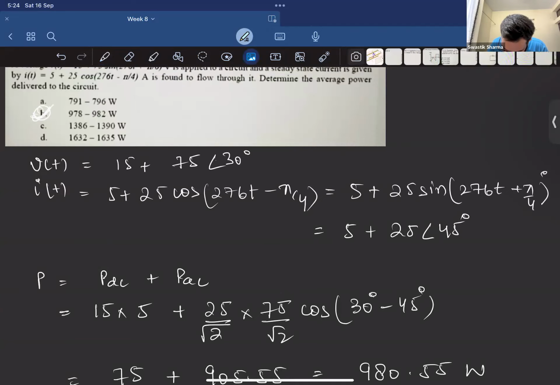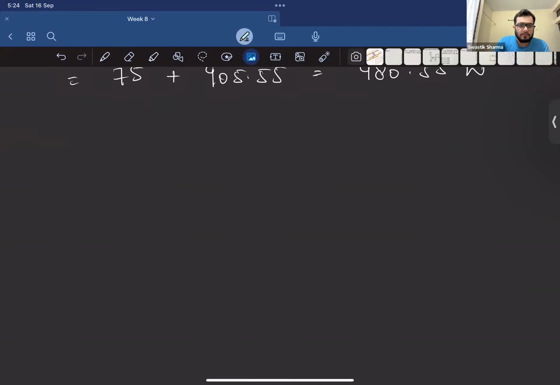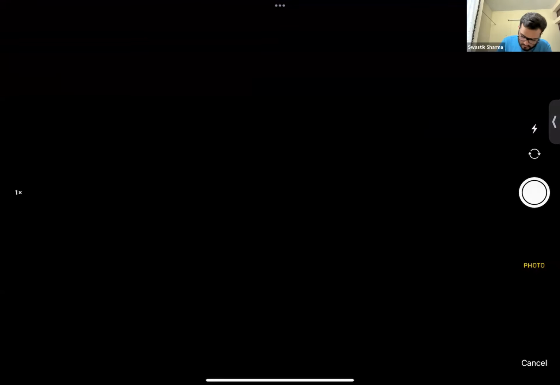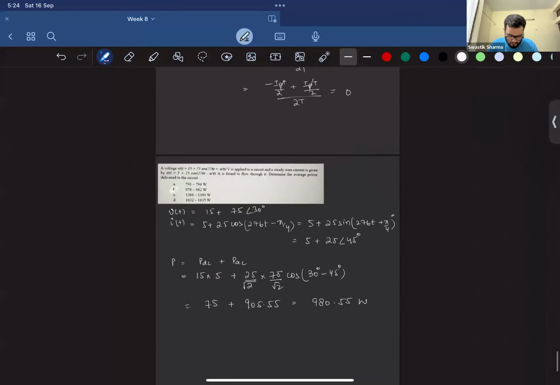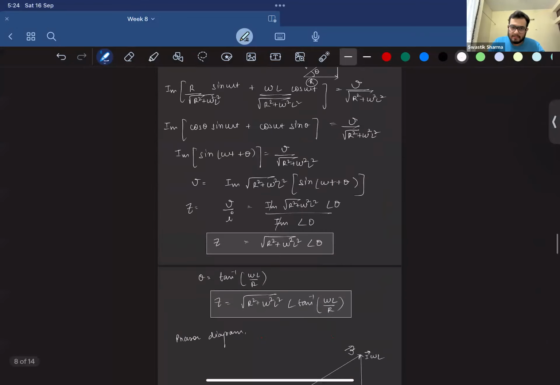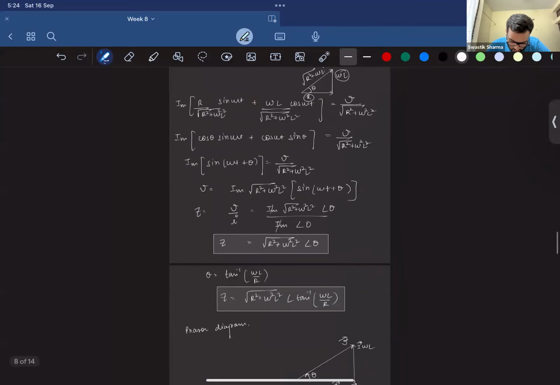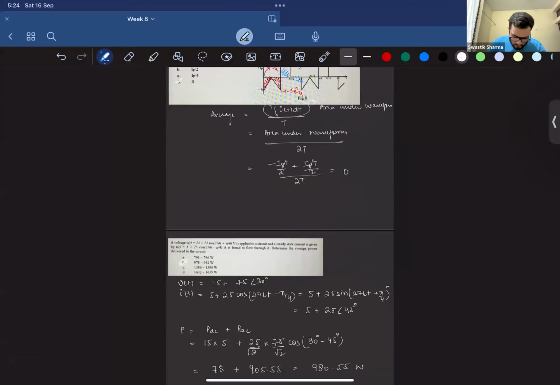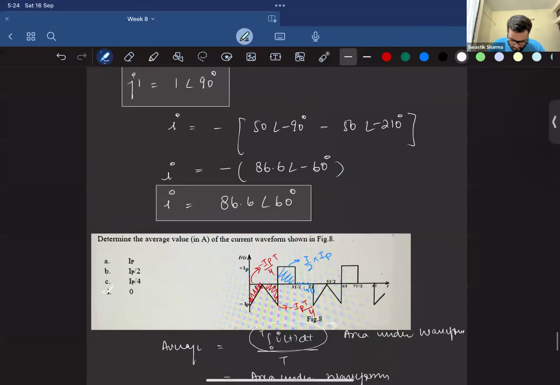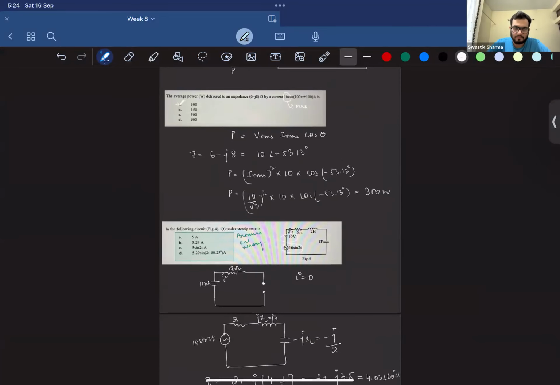Let's see if we have another question. Since there is time, I want to discuss resonance. Any questions up until this point, please let me know, and if you need me to explain again how a particular question was solved, I'm ready for that as well. Then we'll start resonance, because it's an interesting concept.